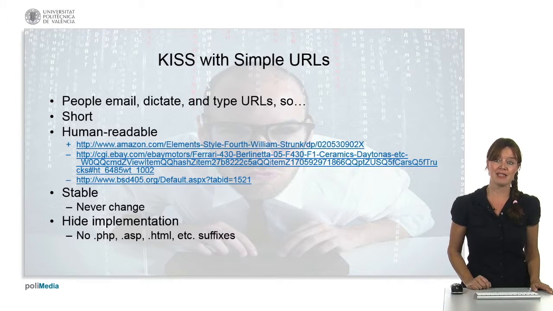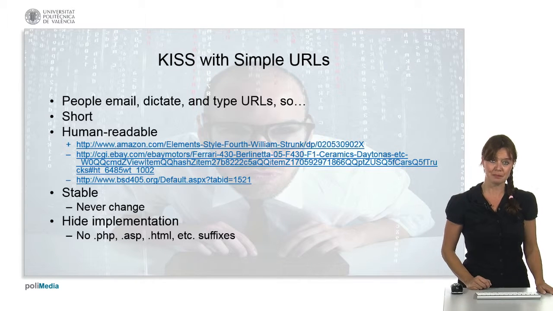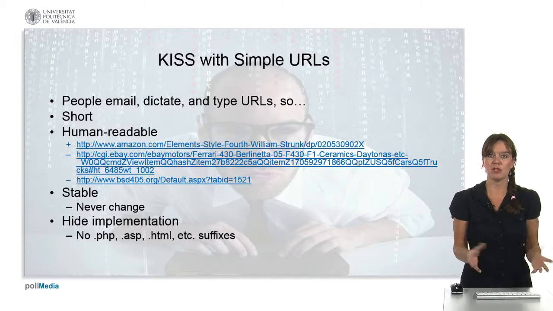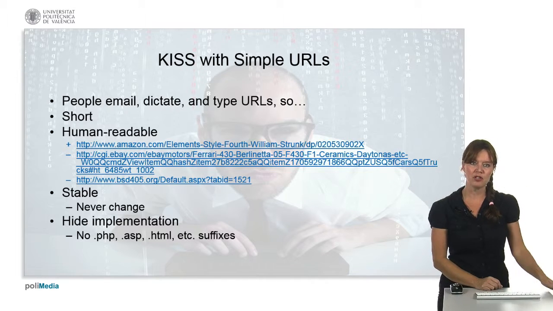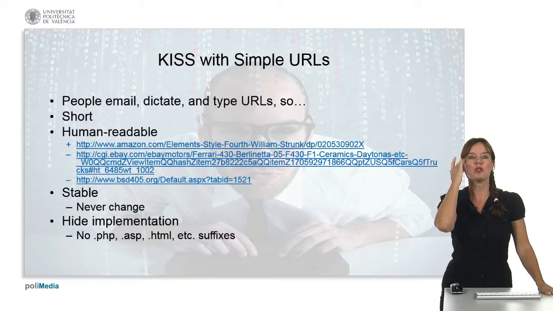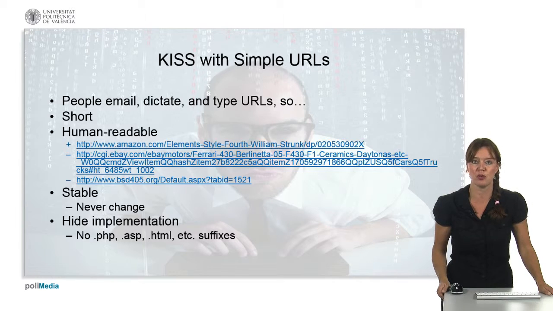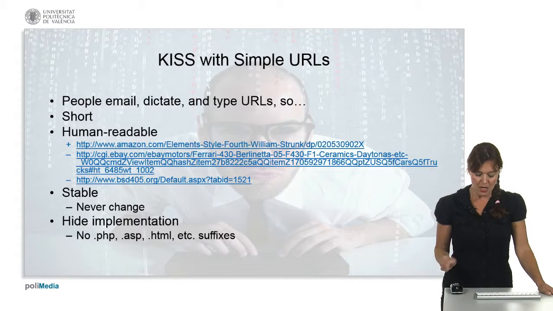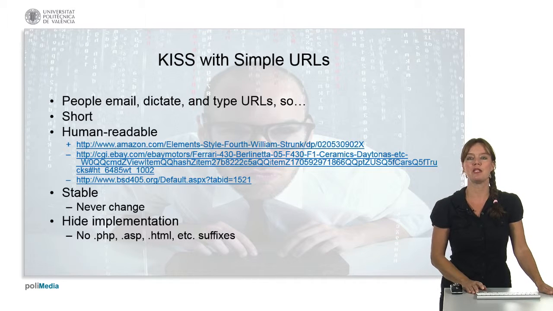Because if people have dictated them and sent them to their friends and emailed them, then they want to use them again. And finally, hide implementation details. Don't put .php or .asp or .html. These are implementation details that your user does not want to know of. So these have been some principles of KISS, keep it simple, stupid, for doing user interface design.